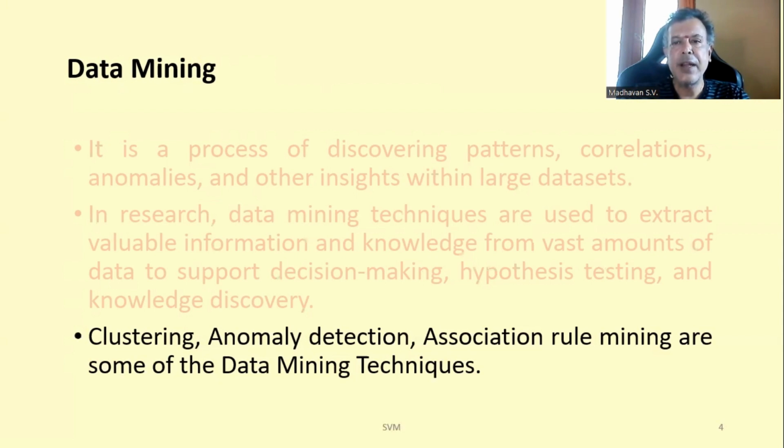It is very useful in fraud detection in financial transactions. Association rule mining is about buying patterns. If people generally buy one product together with another product and a third product, then you can think about making a combo offer based on this association rule mining. These are some of the data mining techniques.